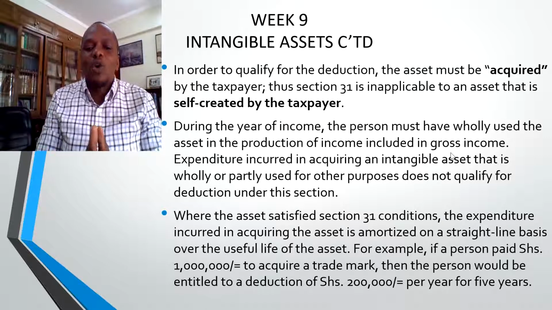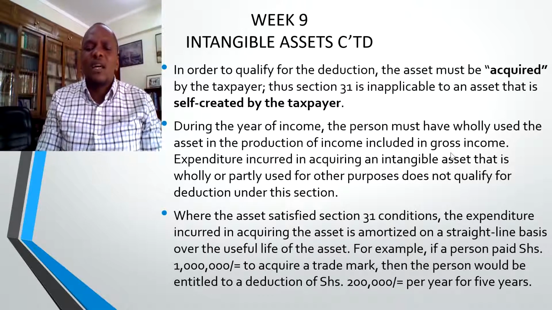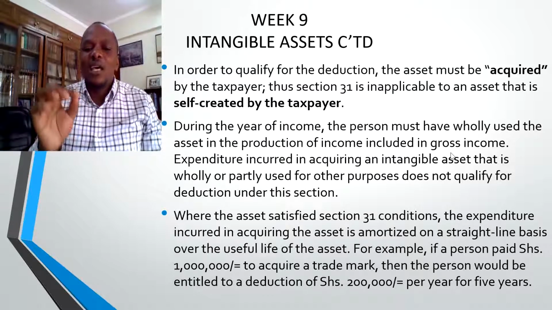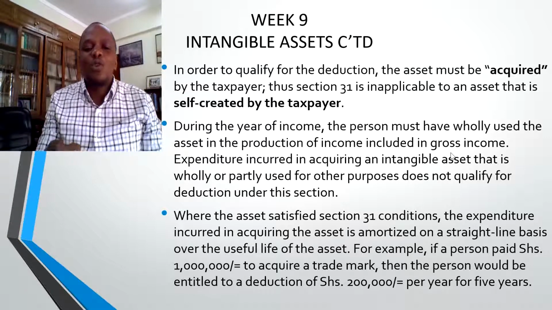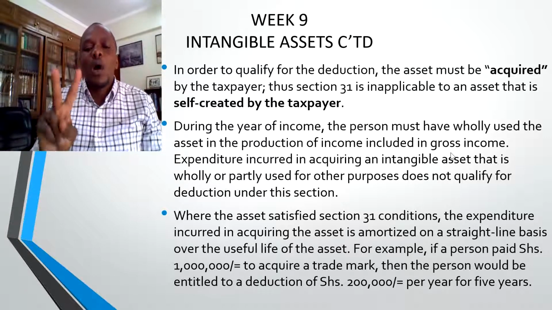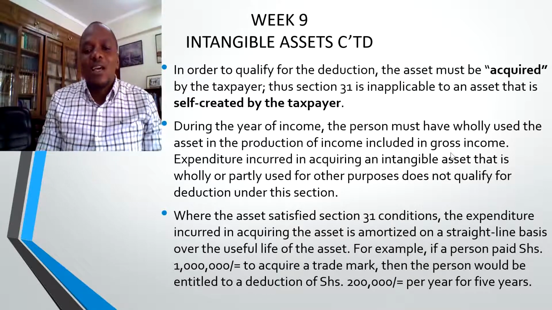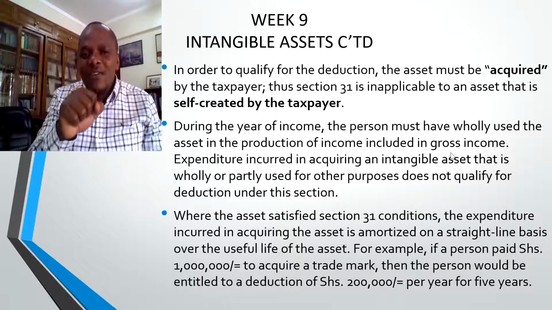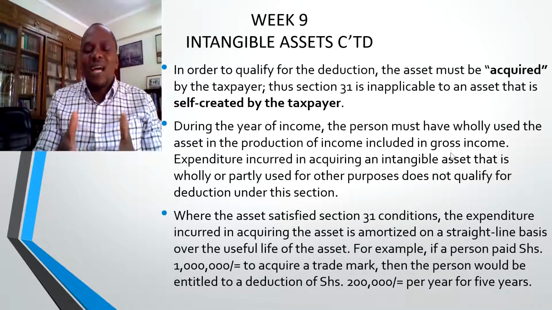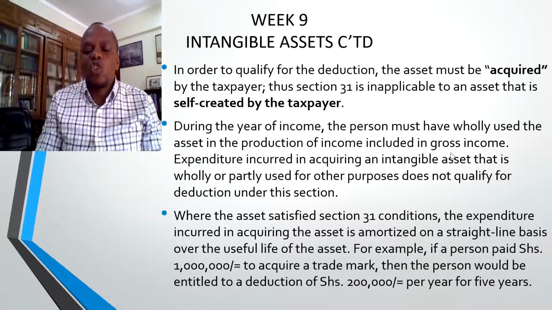When I talk about amortization on a straight line basis, I can explain by way of an example: if a person paid, let me say, 1 million shillings to acquire a trademark, then the person would be entitled to a deduction of 200,000 shillings per year for the 5 years. You know why I use 5 years? Because the useful life of a trademark before its renewal is 5 years. So that is the amortization on a straight line basis.